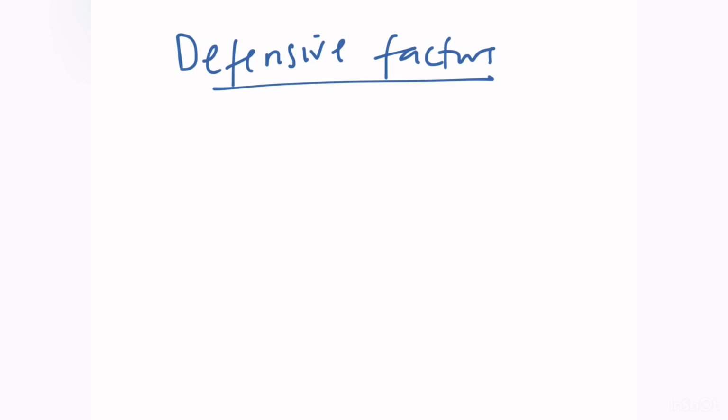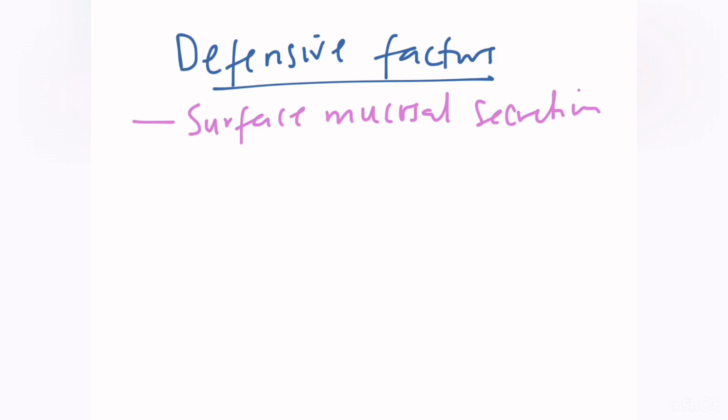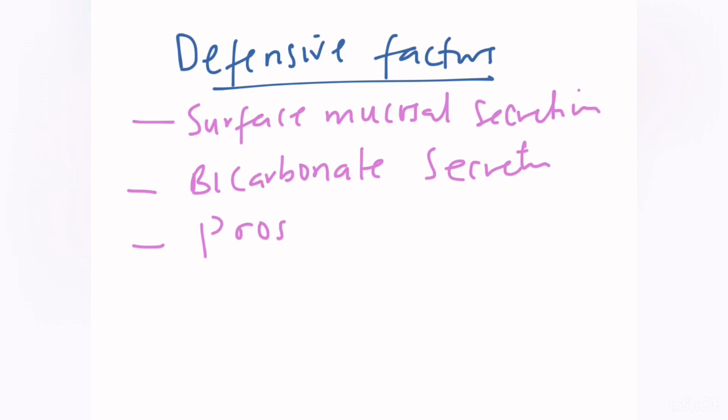Let's change the color. Defensive factors. So these defensive factors include surface mucosal secretion, that is in the stomach, and also we have bicarbonate secretion. We also have prostaglandin secretion.